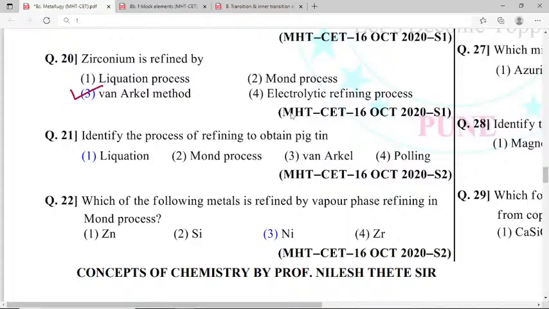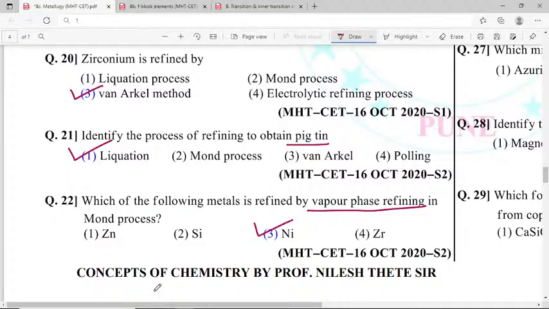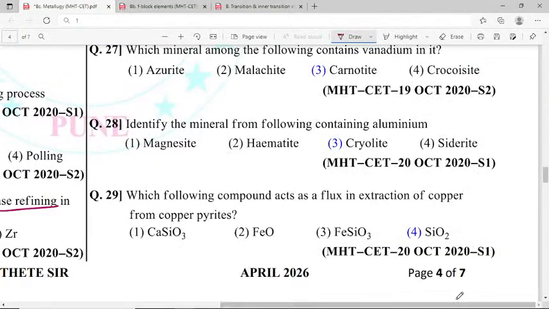Identify the process of refining to obtain pig tin. Liquation. Liquation is the process by which pig tin can be refined. Which of the following metals is refined by vapor phase refining? Nickel.